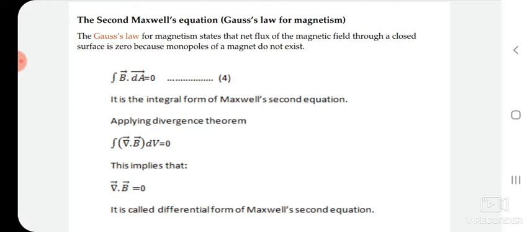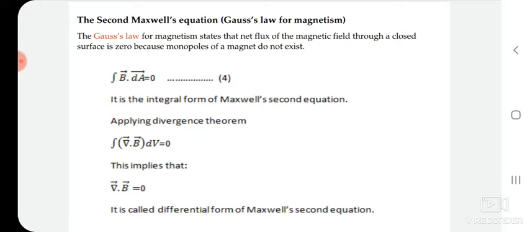It states that the net flux of a magnetic field throughout a closed surface is 0 because monopole of a magnet does not exist.